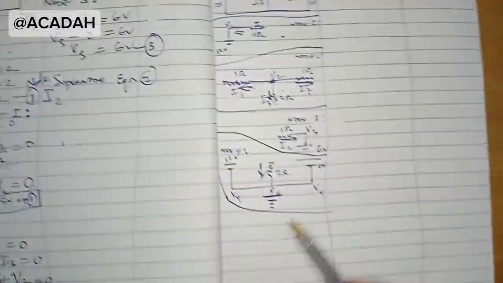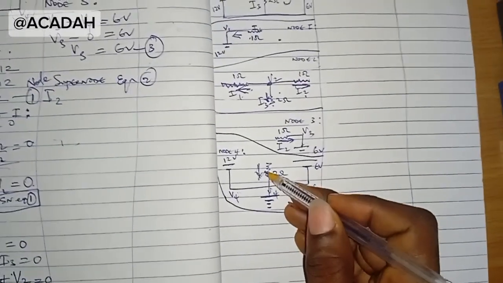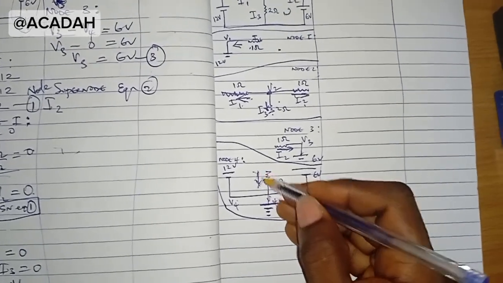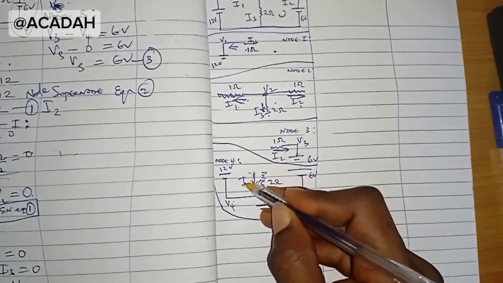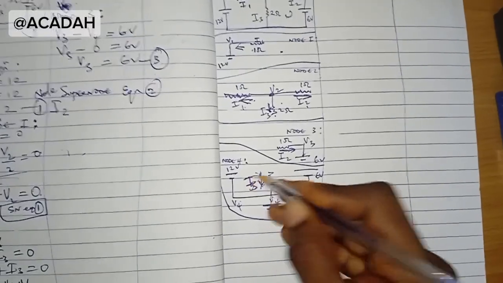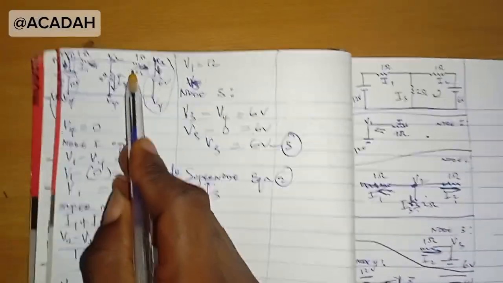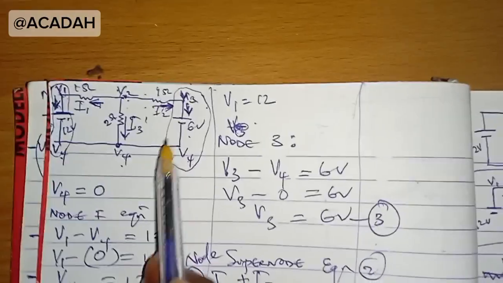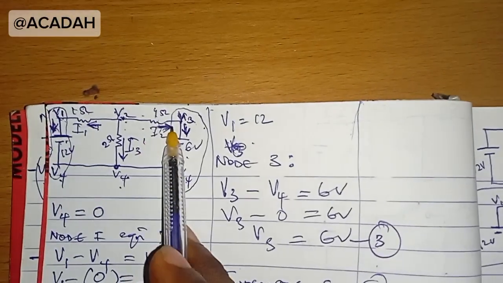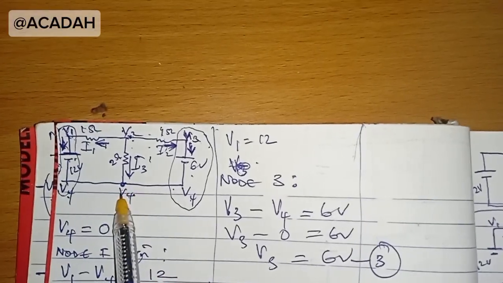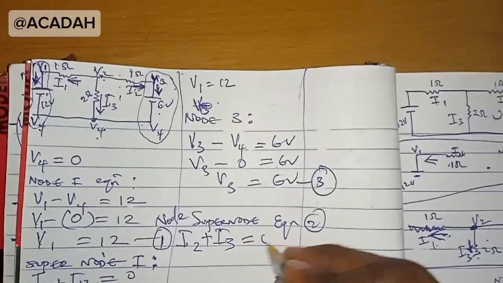Then V4 has I3 entering it, so plus I3. If you go back here to the main circuit, you see it. This is I2 entering this V3 node. This is I3 entering this V4. So all equals to 0.